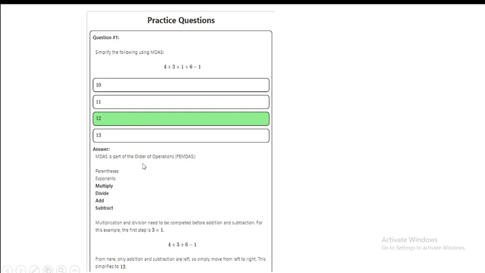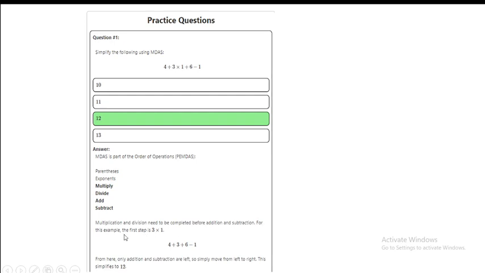is part of the order of operations PEMDAS, which means parentheses, exponents, multiply, divide, add, subtract. Multiplication and division need to be completed before addition and subtraction.